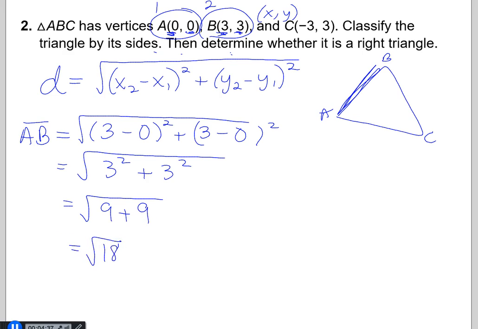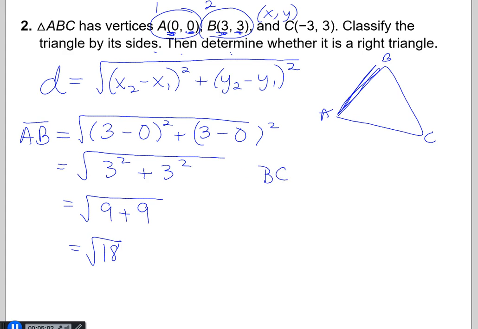Is 18 a perfect square? No. So we're just going to leave it the square root of 18. We're not even going to change it to a decimal. It's going to be easier to leave it just like that. So that's the length of AB, the square root of 18. Square root of 18 is somewhere between 4 and 5, if you want to have an idea of how long it is. Okay, now let's find the length of BC.